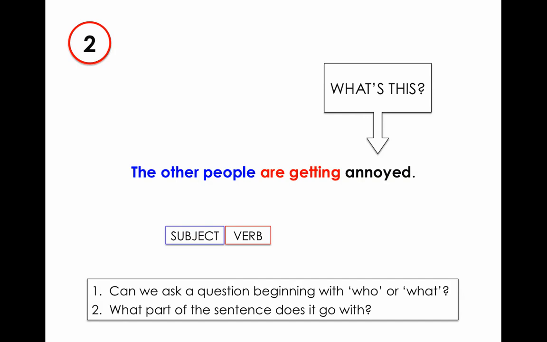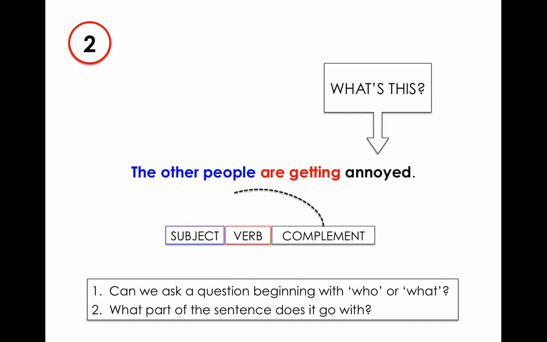So we go on to the next one and ask, what part of the sentence does annoyed go with? Now annoyed, if we talk about word classes, it's not a noun, it's not a verb. What kind of word is annoyed? Annoyed is an adjective, and it describes the other people.